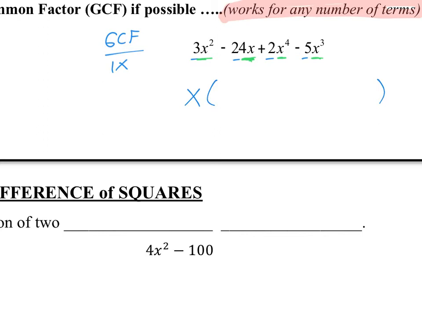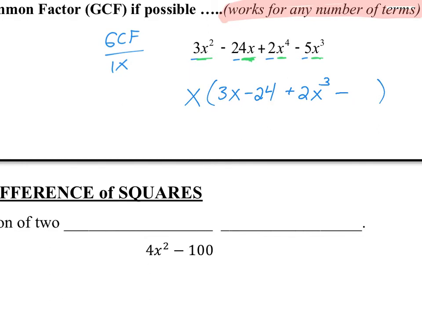So 3x squared, if you take away the x, you get 3x. 24x, if you take away the x, you get just minus 24. 2x to the fourth, if you take away one of the x's, you get 2x to the third.